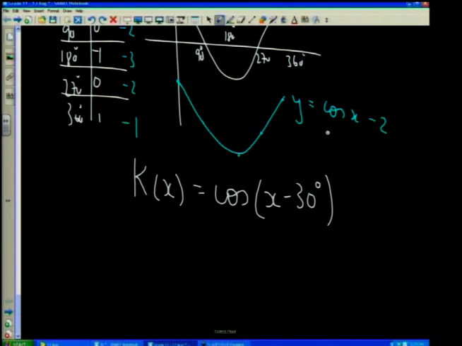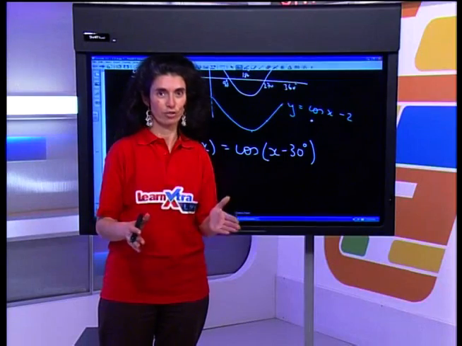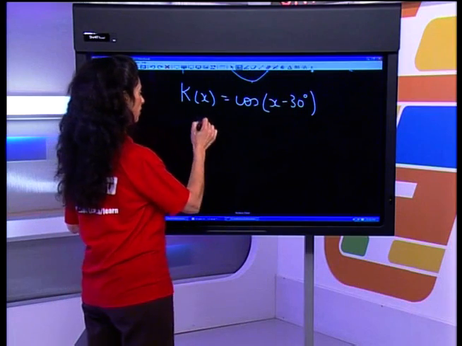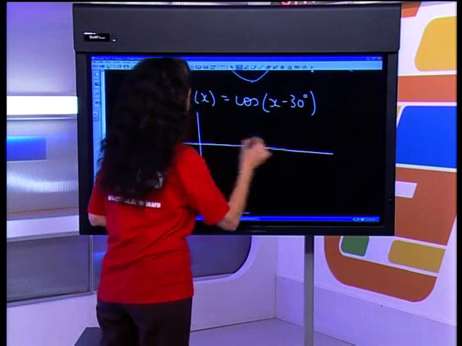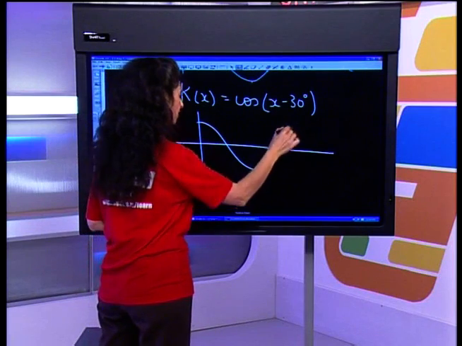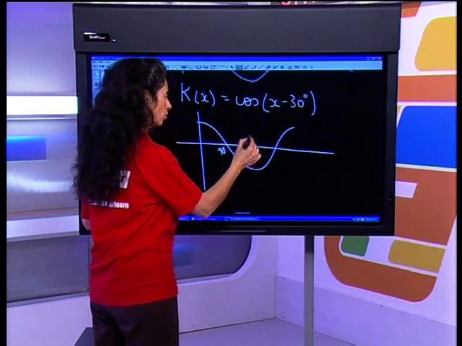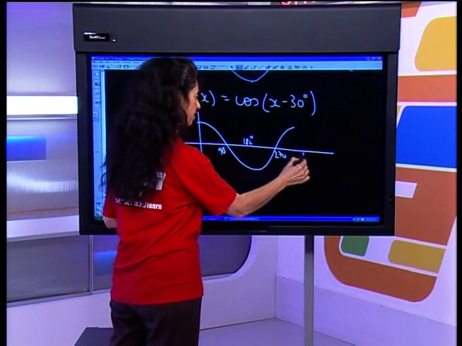Remember the golden rule, if I have 1x, then the period is going to be 360. If I have a coefficient of x, then the period will change. 1x, period always 360. Right, so my graph is still a periodic graph, so that's still 90, that's 180, 270, 360.